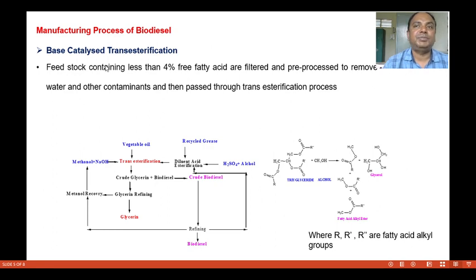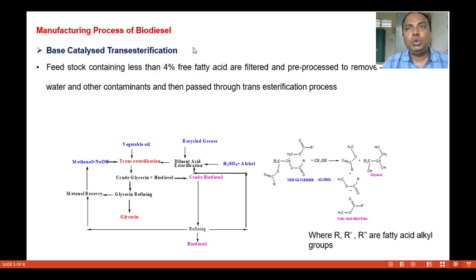Base catalyzed means in the presence of a base, maybe KOH or NaOH, taken as a catalyst, and trans-esterification is done on it. So at the end, again what we get is the ester as a product along with the glycerol. This ester is a biodiesel.